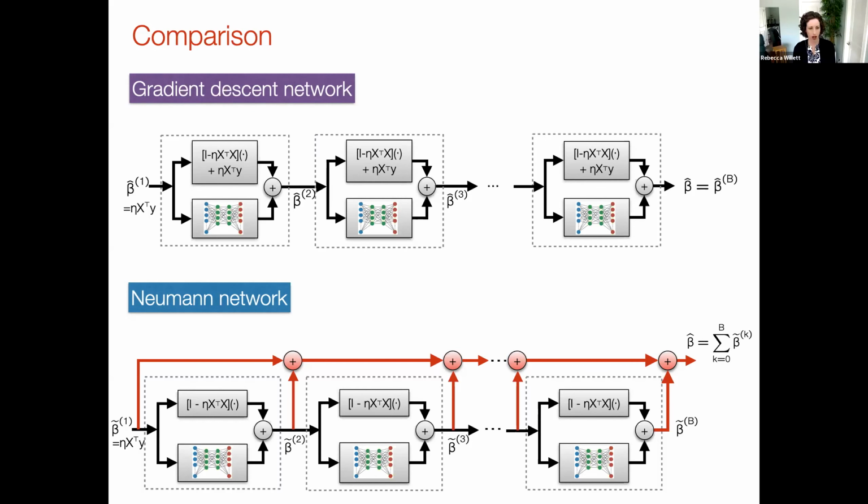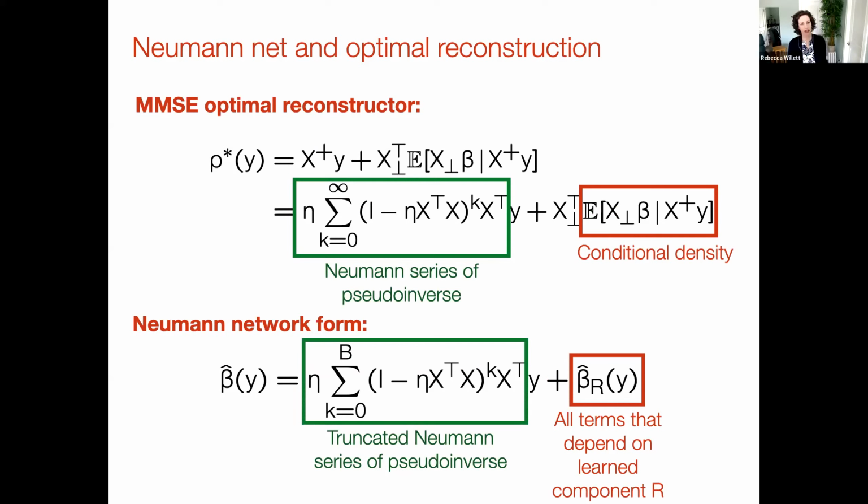Okay, so one of the reasons that I think this Neumann network construction is exciting relates to this notion of a minimum mean squared error reconstruction approach that we talked about a few slides ago. So remember, rho star corresponded to the form that the optimal or very best possible reconstruction algorithm might look like.